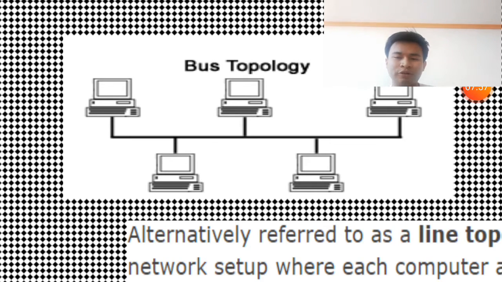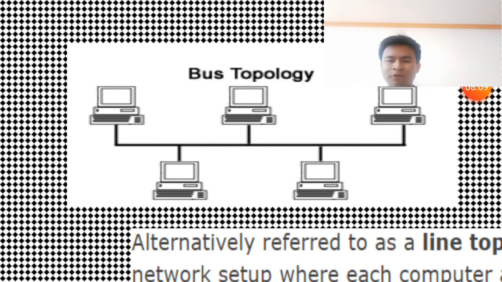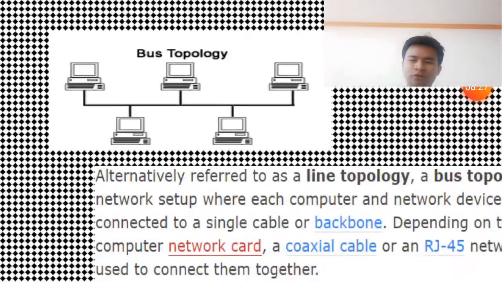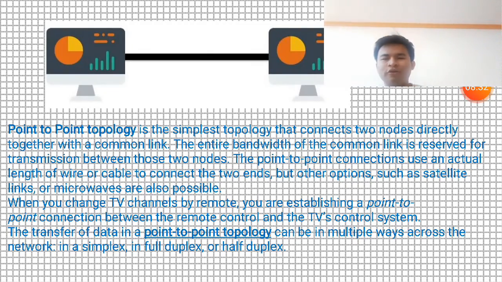The third computer then sends it to the fourth computer, which sees the edit, and the fourth computer sends it to the fifth computer, the last computer, and they see what the fourth computer finished with the data and edited. So that's the bus topology. And next, point-to-point topology.